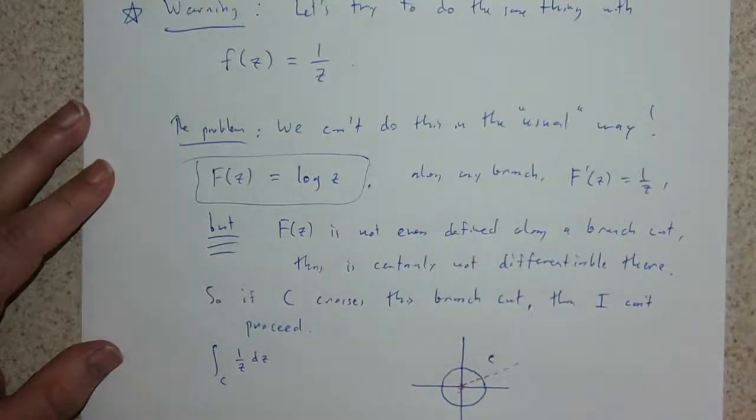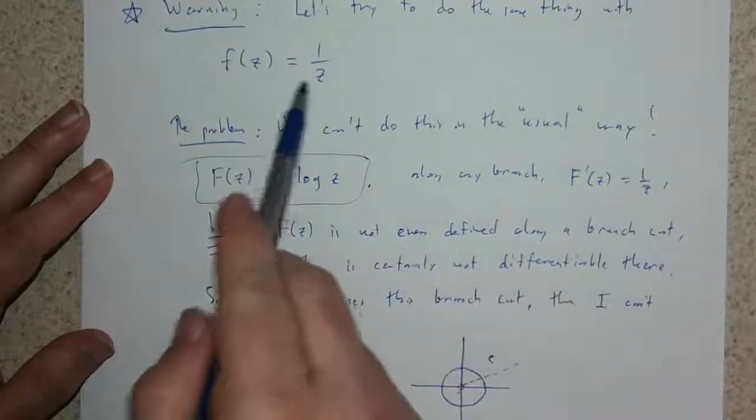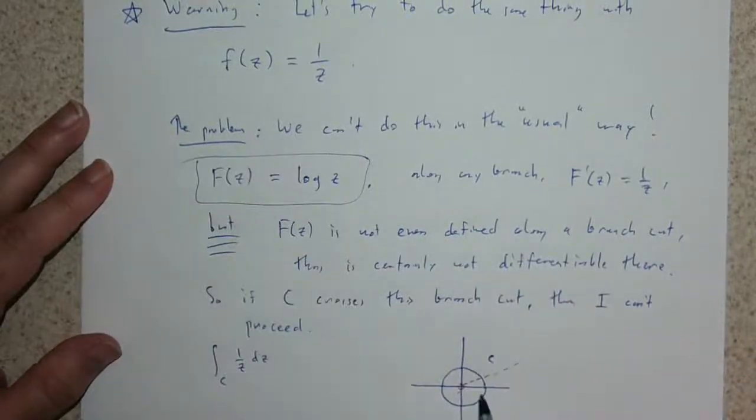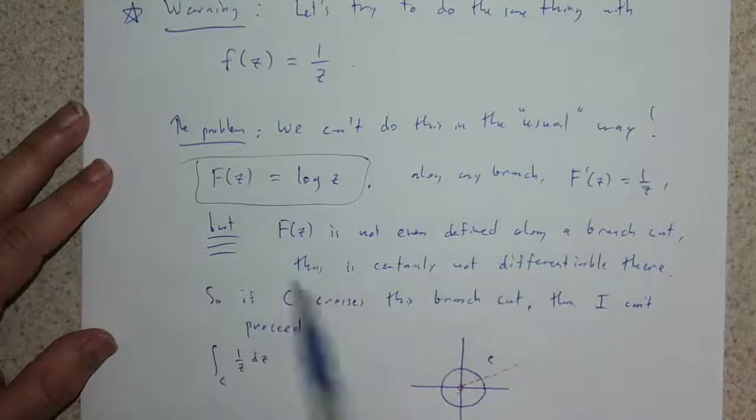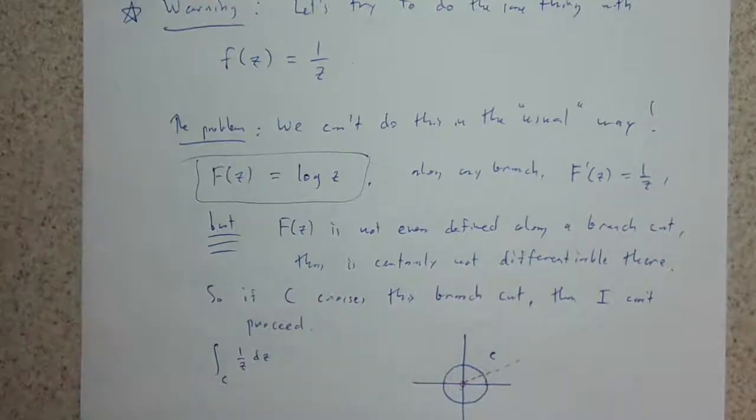But it's not that 1 over z, the integrand, has an issue there. It's that its antiderivative has an issue there. So this is another complication that comes up if you're wanting to use this theorem. And we're going to see in the next lecture how you can do exactly that. All right, so that's that. I will see you all again very soon, and we'll see exactly how to deal with it.